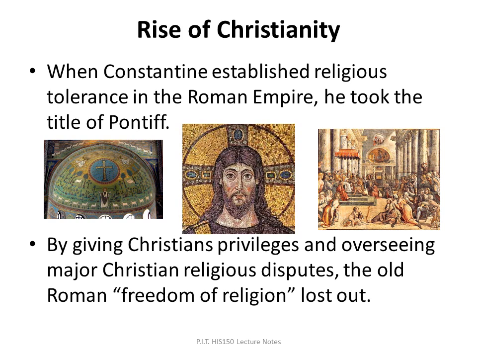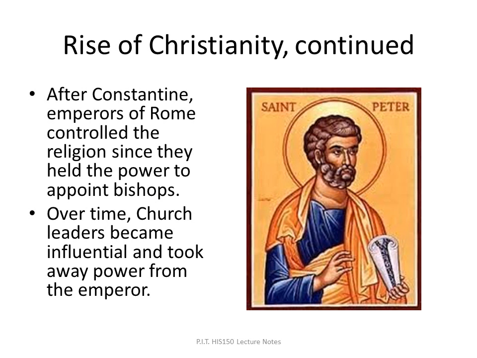And another issue was the rise of Christianity, which I alluded to earlier. When Constantine established religious tolerance in the Roman Empire, he took on this title of pontiff. By giving Christians privileges and overseeing major Christian religious disputes, the old Roman freedom of religion lost out. After Constantine, emperors of Rome controlled the religion since they held the power to appoint bishops.